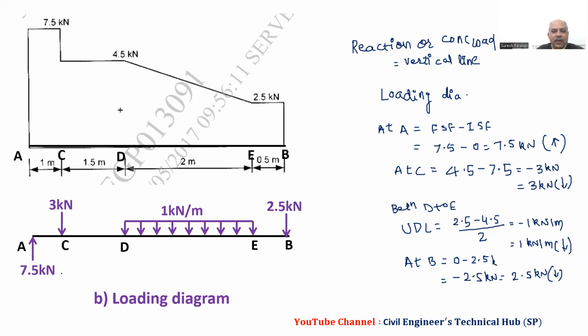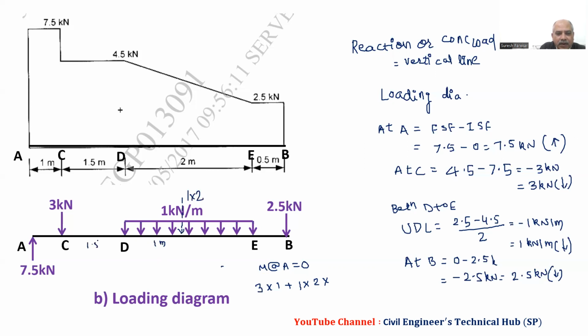Now you can see summation Fy is 0: 3, 2.5, 5.5 and this 2, 7.5. We also have to check moment about A equal to 0. Then we have 3 into 1 plus 1 into 2 into, and it will act at the center, so 1 meter.